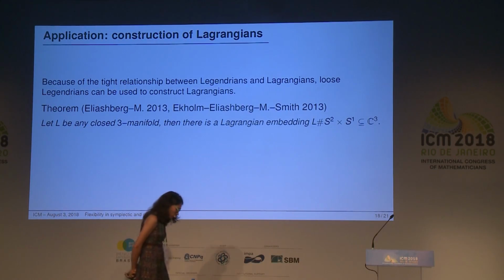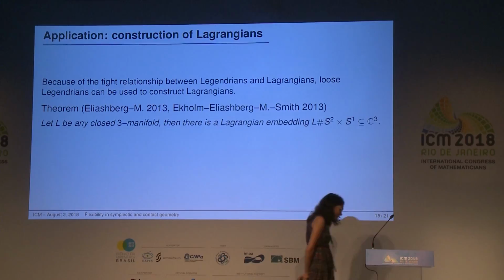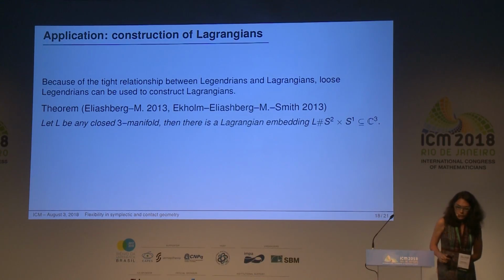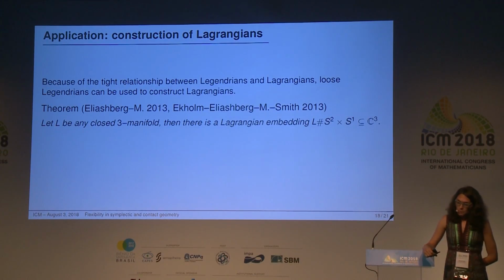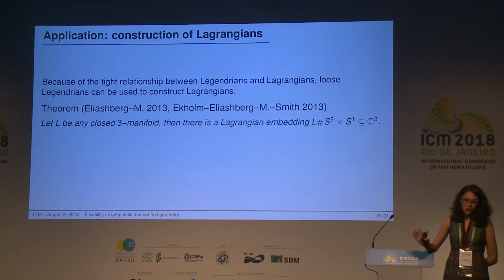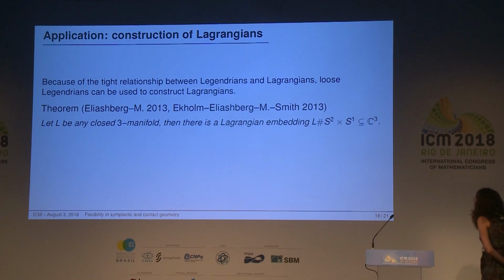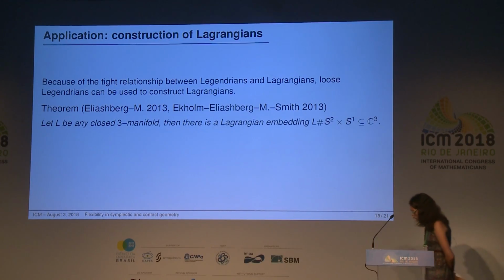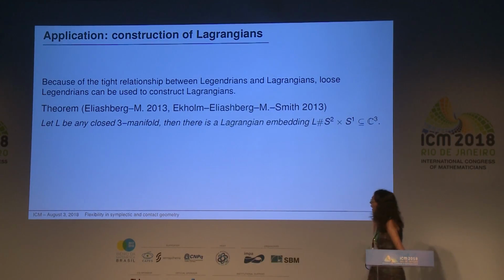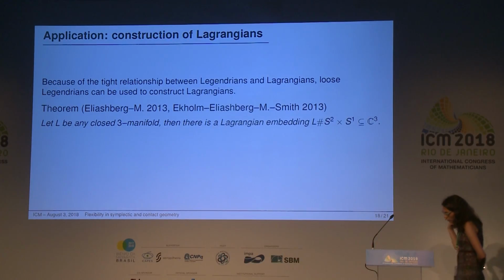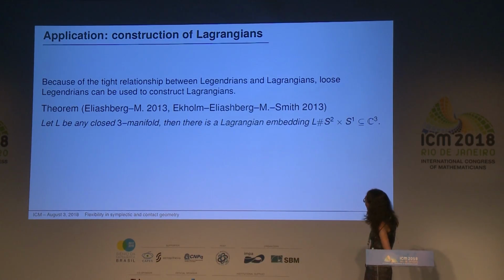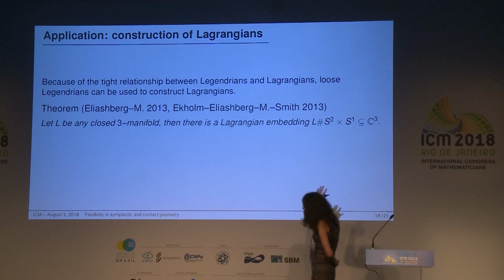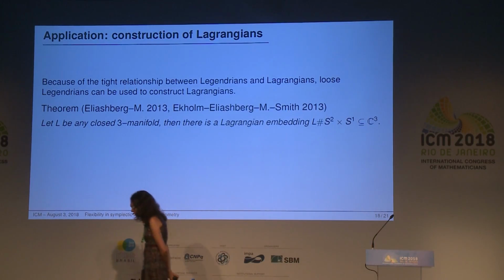So one manifestation of this that we proved a few years back is if you have any closed 3-dimensional manifold, then after connect summing a single copy of S^1 cross S^2, you can find a Lagrangian embedding of this manifold into C^3.